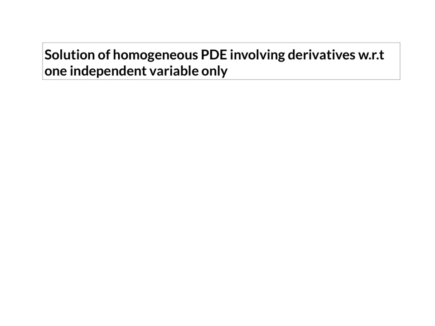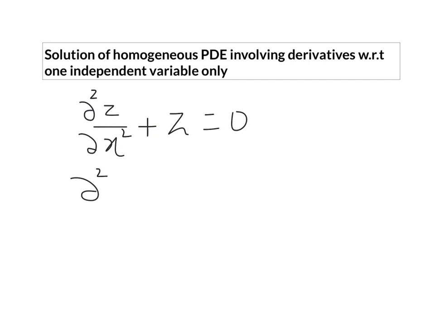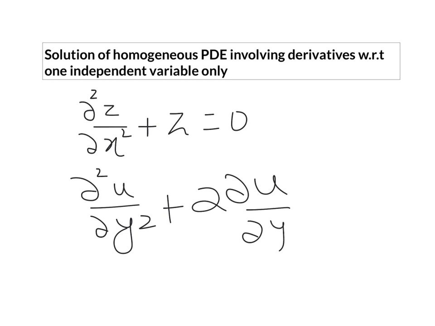Suppose ∂²z/∂x² + z = 0. This is the equation having only one independent variable x. Another example: ∂²u/∂y² + 2∂u/∂y + u = 0.